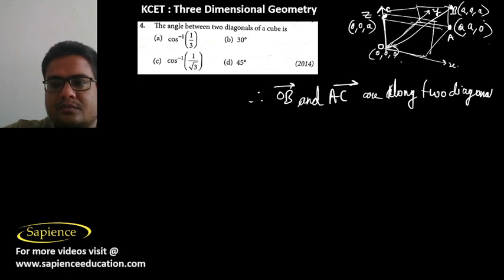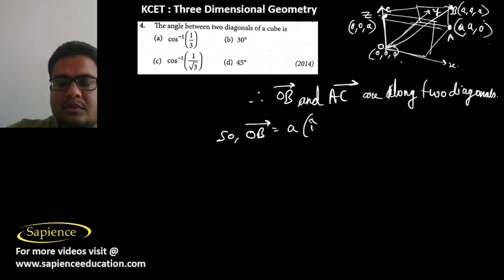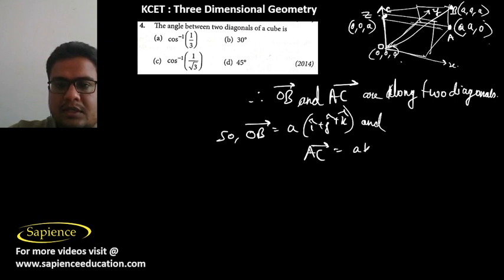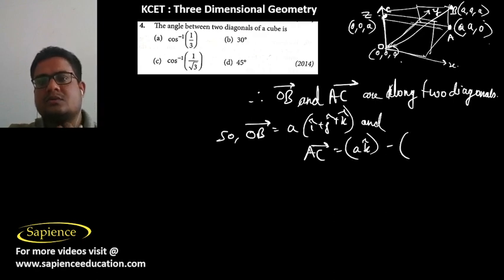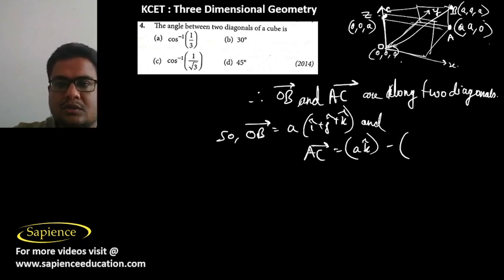OB vector will be equal to a into i cap plus j cap plus k cap, and AC vector is OC vector, which is a k cap, minus OA, so it is OC minus OA, that will be a k cap minus a i cap, that is a into minus i cap minus j cap plus k cap.